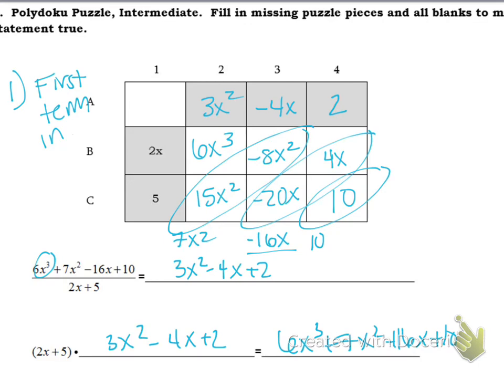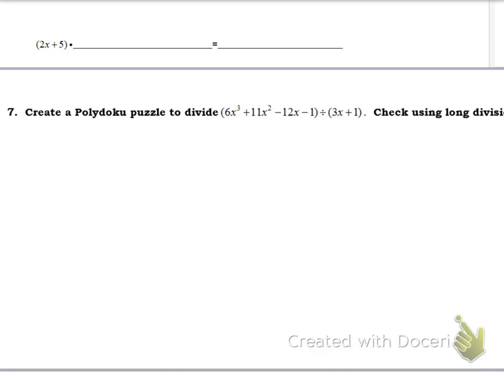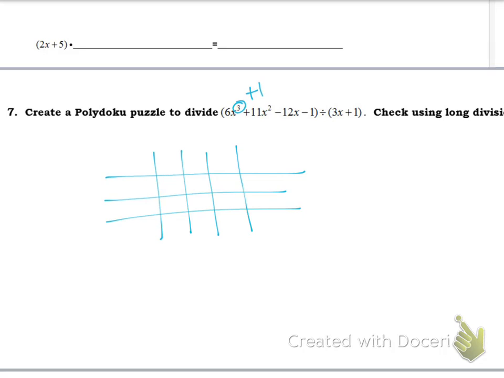Okay, so your first step is to put in your first box. So first we're going to create them. I always take the highest exponent and add 1 to see how many boxes I'm going to make. So I'm going to make at least 4 boxes long. So I'm going to put my 3x and my 1 here.